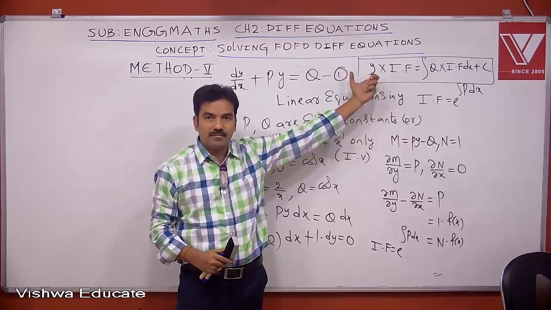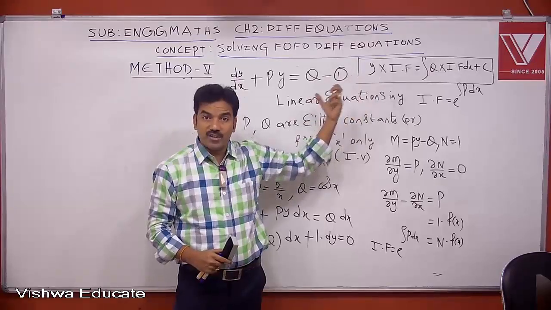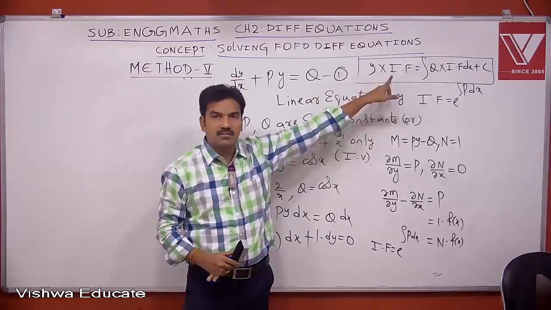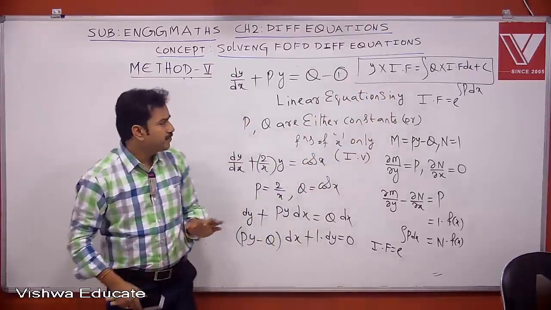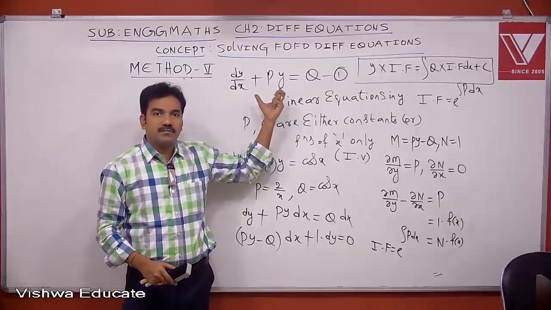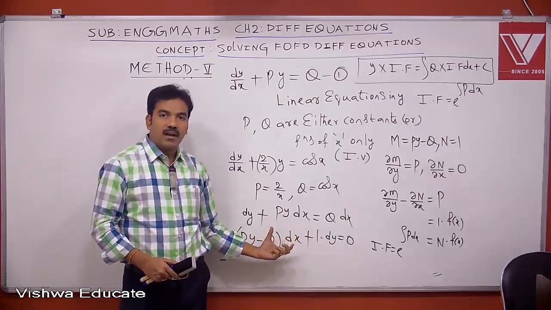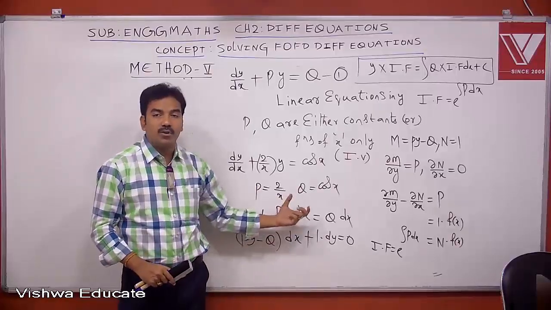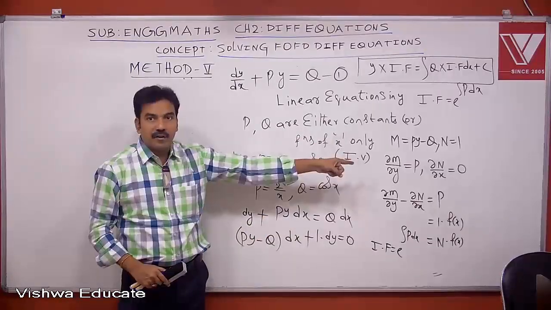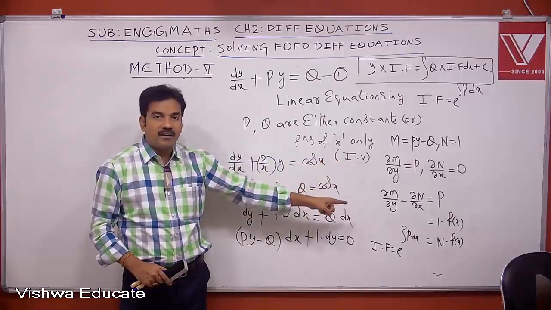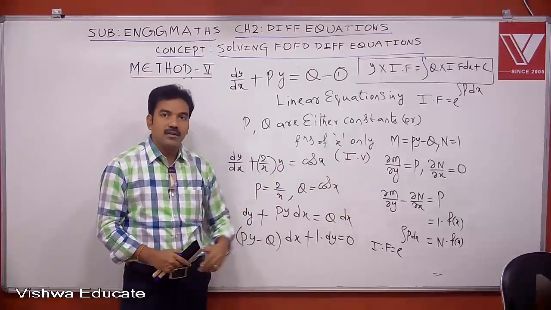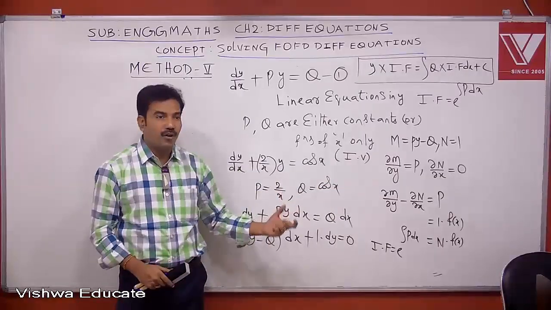Highlight this solution. Now it is very clear how to get this general solution. What we have done is, we have expressed this equation in the form mdx plus ndy equal to 0. Then I calculated dou m by dou y and dou n by dou x. Both are different quantities. When I find the difference of these two partial derivatives, I get n times f of x.